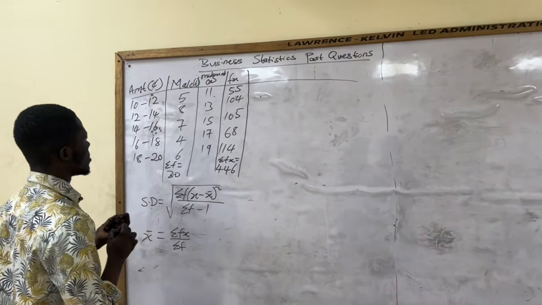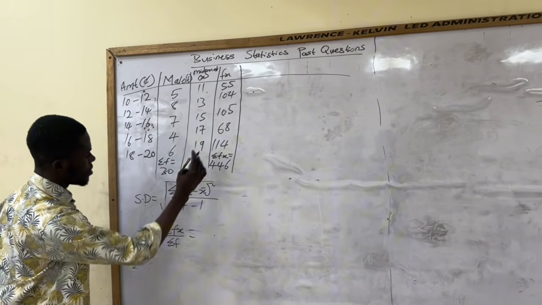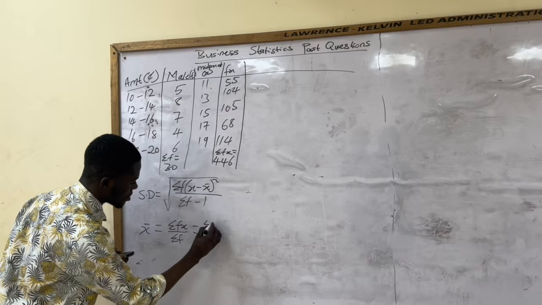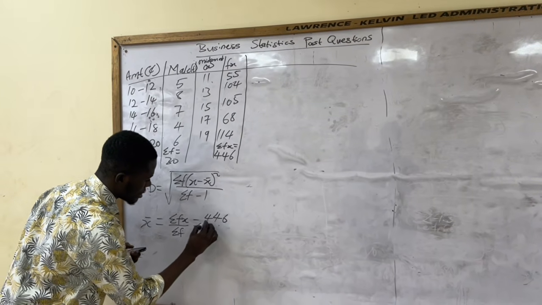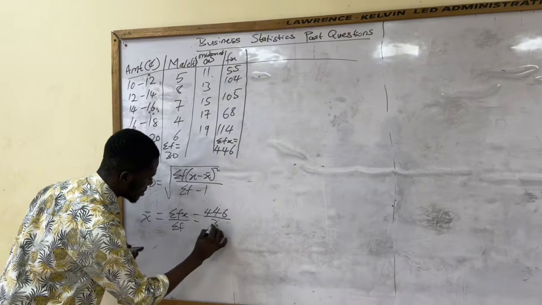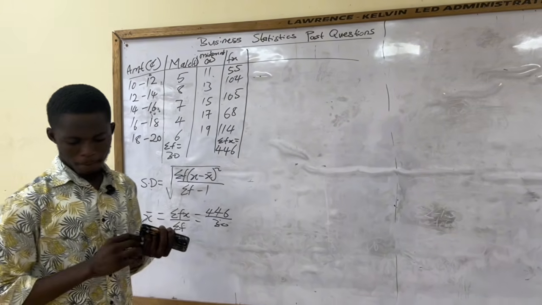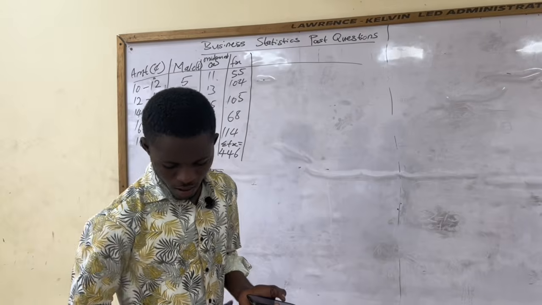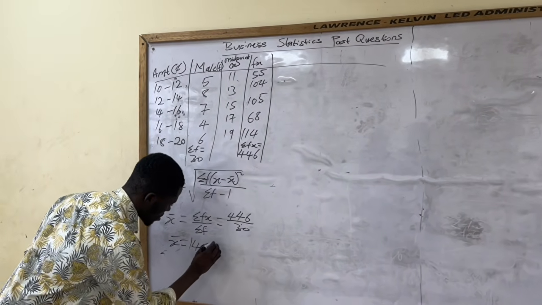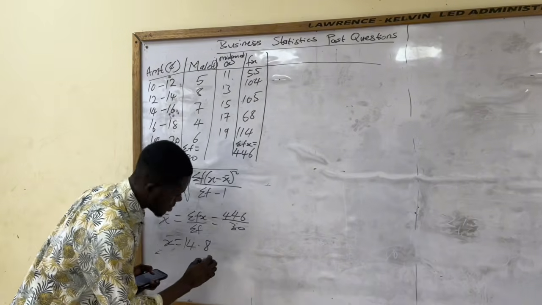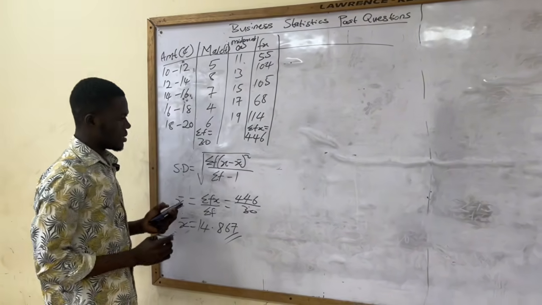Now, we can calculate for our mean. So it will be 446 divided by 30, and our mean will give us 14.867. Okay, so this is our mean.